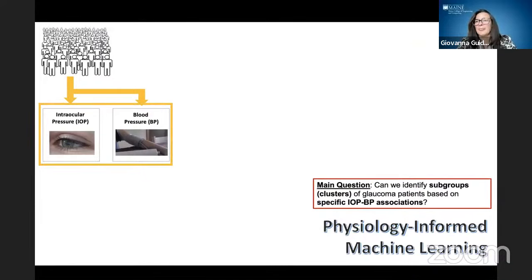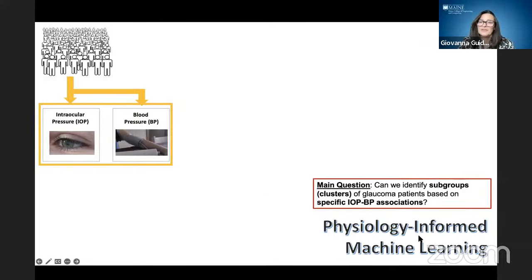So I will not go into the details of the model predictions per se, because I think that the most interesting part is how do we use the predictions of the model? How do we use such a model to actually answer one of the questions that I posed at the beginning, which is identifying subgroups of eyes that are similar in the way in which combinations of blood pressure and IOP impact the hemodynamics.